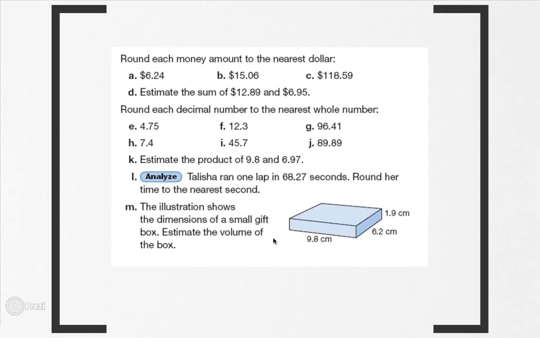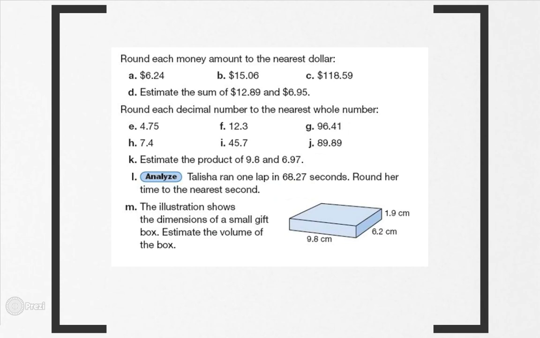And that's it. Here it is. For the first part, round it to the nearest dollar. So you're going to round to the nearest whole number, meaning we're not going to use any decimals here. You're just looking at them to round up or round down. Same thing for E through J. K, remember, product is a multiplication problem, so you're going to round those numbers, then multiply.